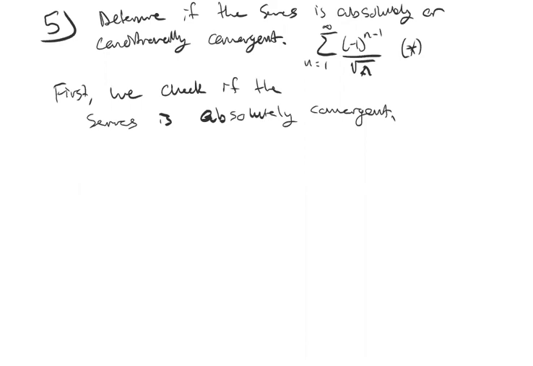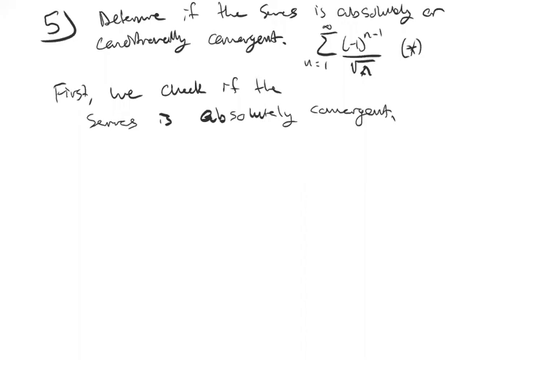Now, that's not very technical, but that's kind of how I remembered it when I was taking this class. So absolute convergence implies conditional convergence. If you have absolute convergence, you are definitely conditionally convergent. It's just a stronger condition here.